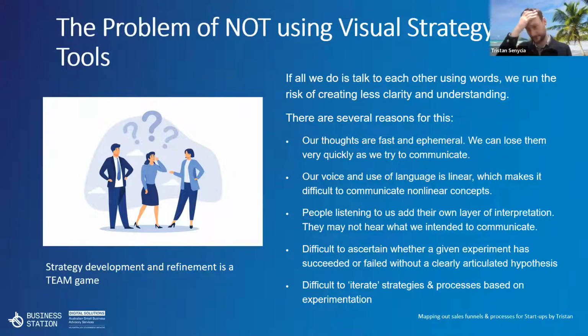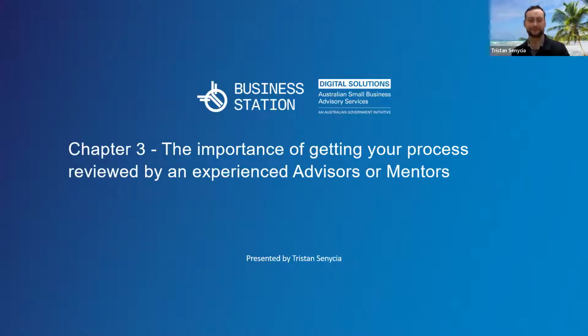So the first time that you map your processes and strategies, they're likely not to be correct. And you're likely going to have to iterate them dozens of times, and then the market changes and then you have to do it again. So we're constantly having to adapt to market conditions and behavioral changes as well. Humans change behaviors based on a whole variety of things. So it's important to do for so many different reasons.